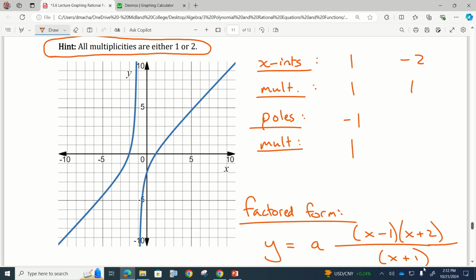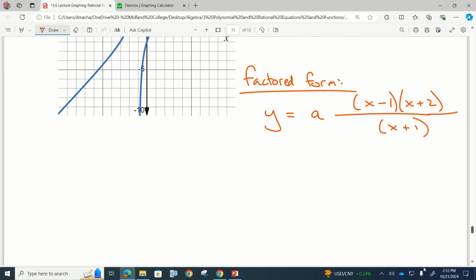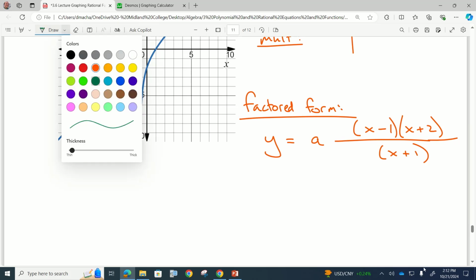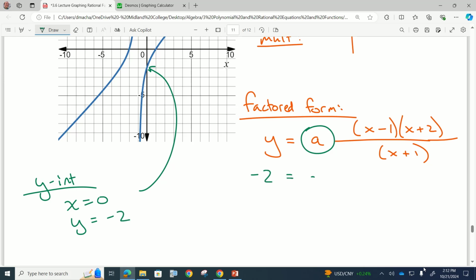Now, you're right, I should care about my y-intercept. And the y-intercept, that's the trick to figuring out what my leading coefficient is, right? I need to know what that a is. Well, let's look at the y-intercept. And the y-intercept says that when x is equal to 0, y is equal to -2. So here's y equals -2.